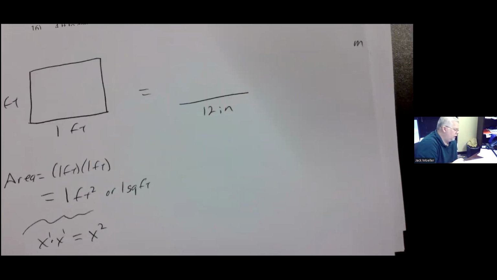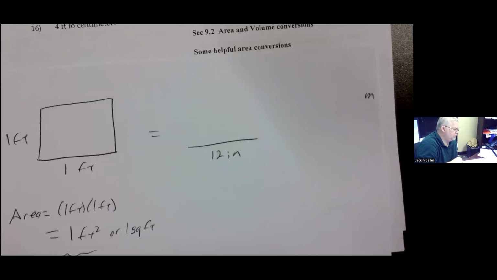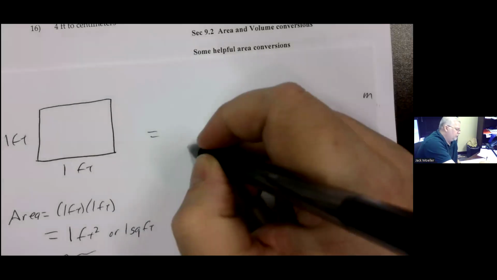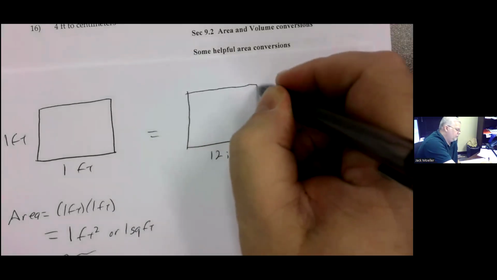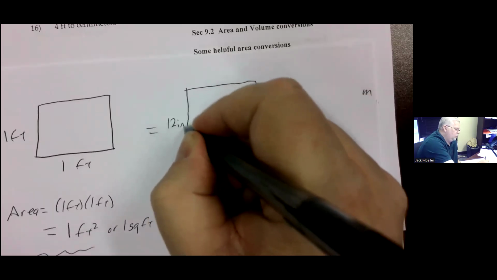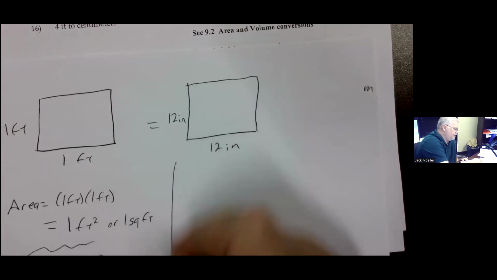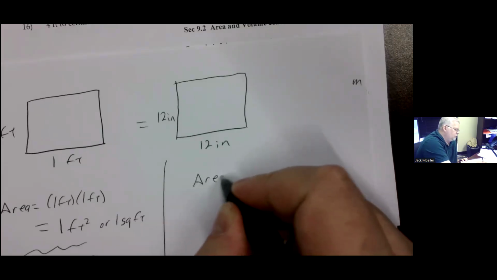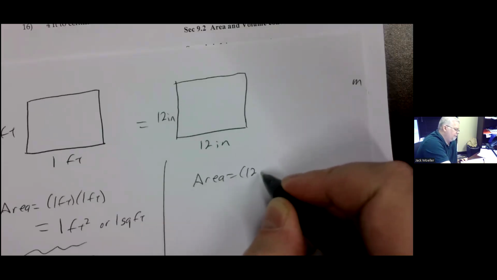So how does that help us with the inches conversion? Since we're dealing with square inches, we have a square that is 12 inches by 12 inches. The area is 12 inches times 12 inches.